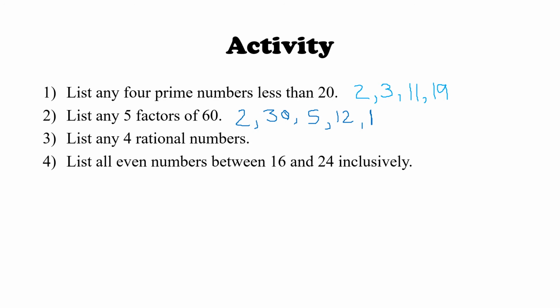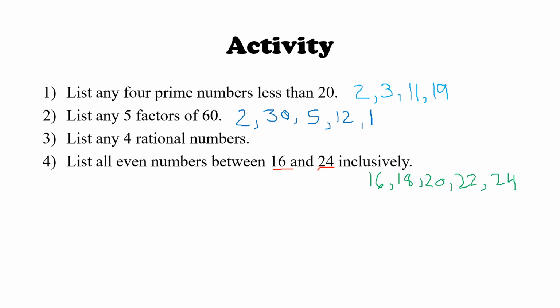Because they said inclusively, we have to remember that we have to add the range if they are part of the condition. And in this case, yes, they are a part of the condition, because 16 and 24 are also even numbers. So my answer here should have been 16, 18, 20, 22, and 24.